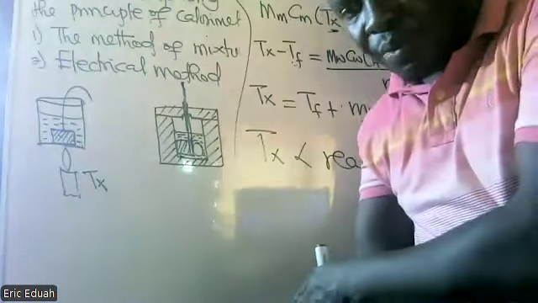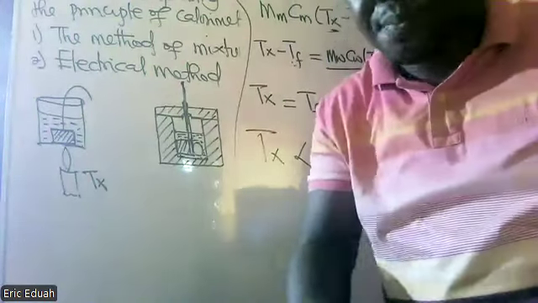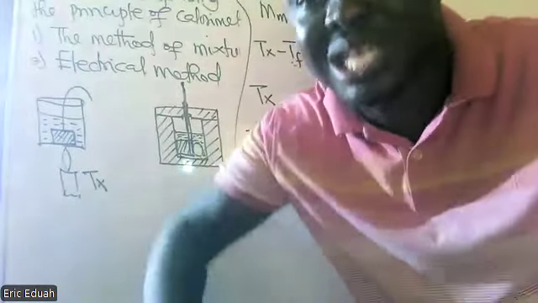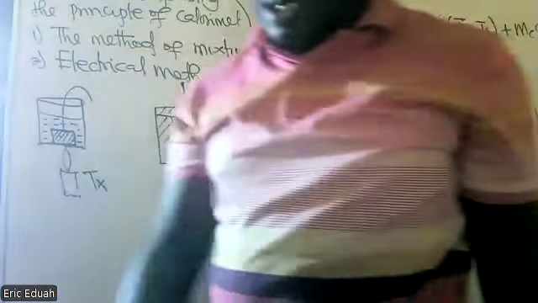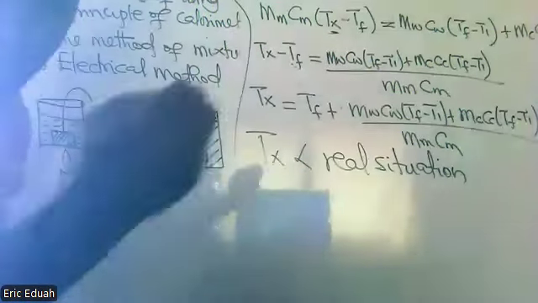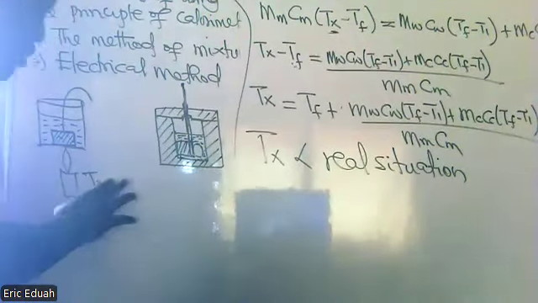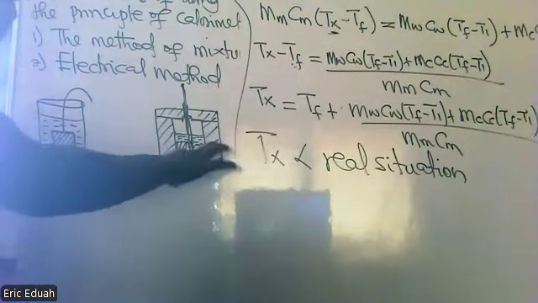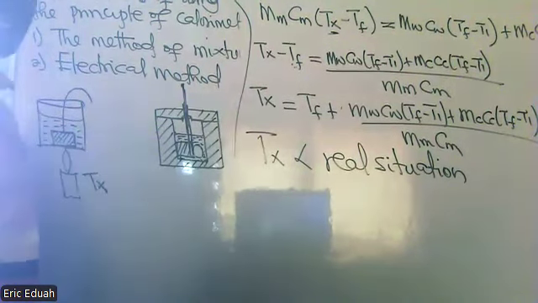So during the transfer, some heat energy will be lost to the surrounding. And that is what will account for the drop in temperature from the source.